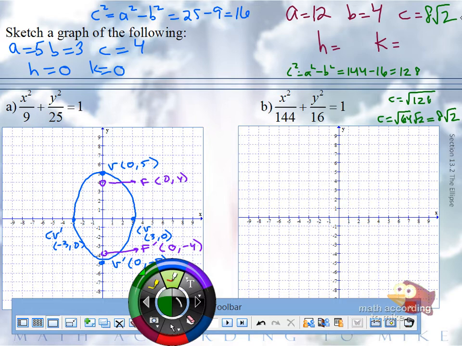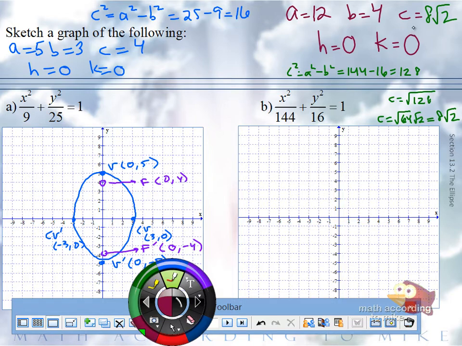What's h? What are we subtracting from x? Nothing. What are we subtracting from y? So we're starting at the origin again. Alright, we're going to have to make a slight modification to our axes here.